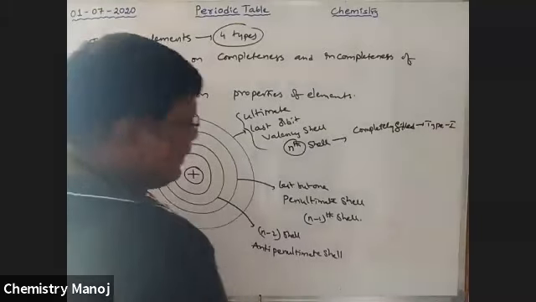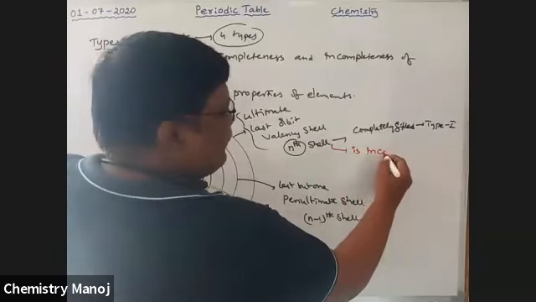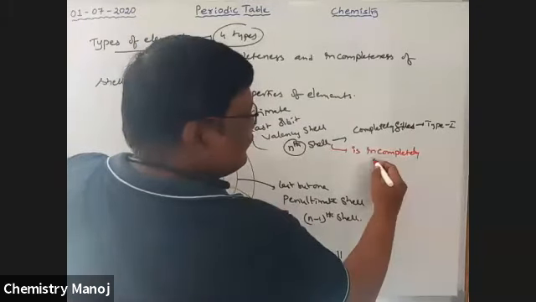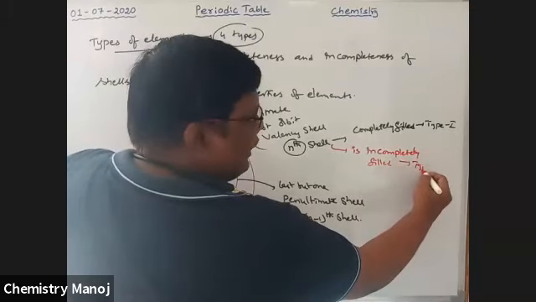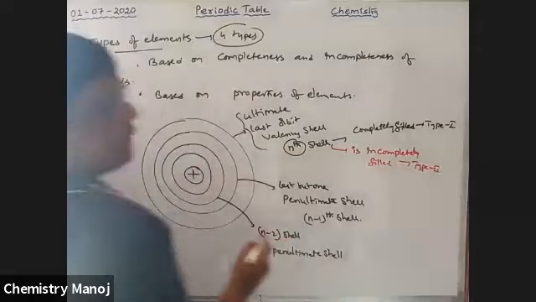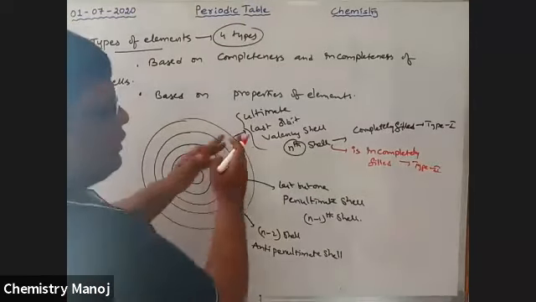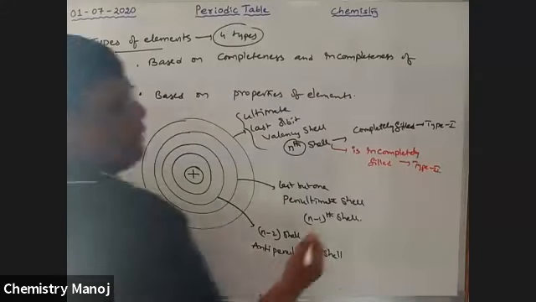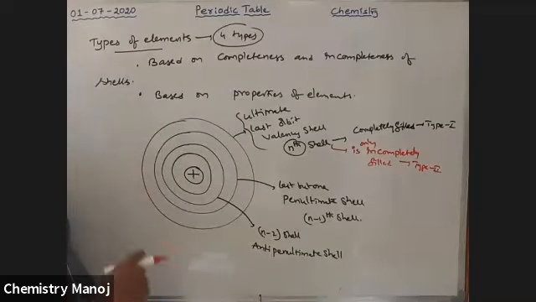Next one, if the nth shell is incompletely filled, that is a type 2 element. If it is completely filled, that is type 1. If it is not, it is only incompletely filled, that is the type 2 element.